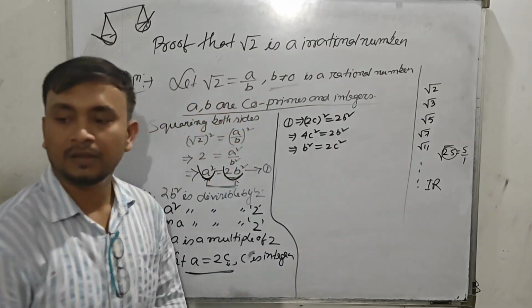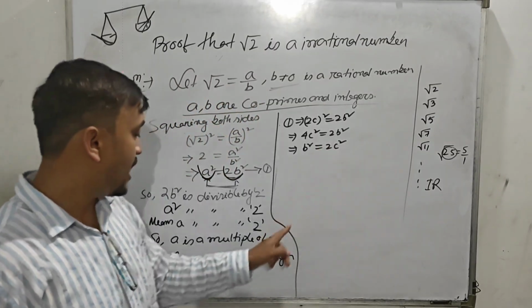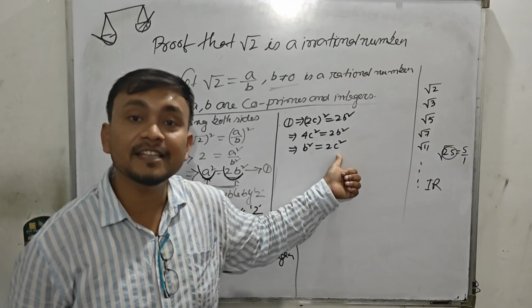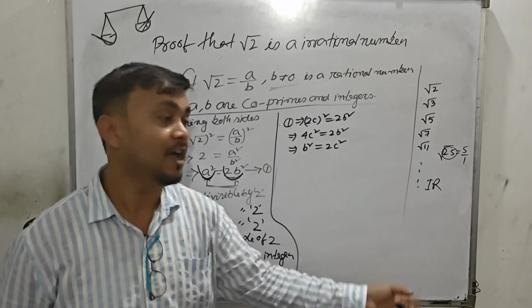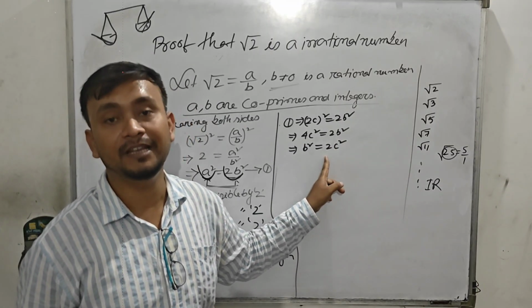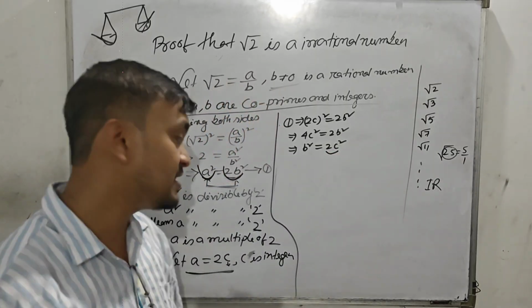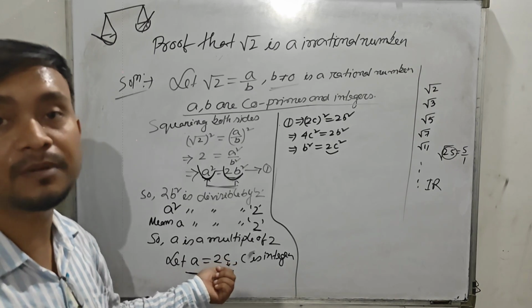Again, look at this. I have assumed c as an integer. The square of an integer c is an integer again. And there is a 2 multiplied with it. What does it mean? This entire term will be divisible by 2, just like the previous way, as I had explained before.